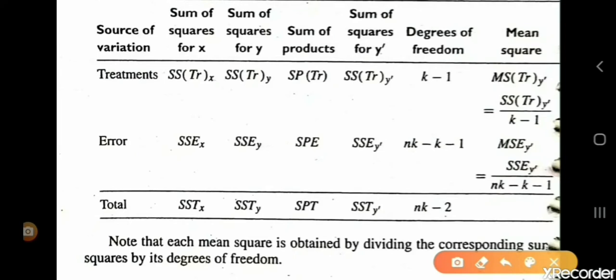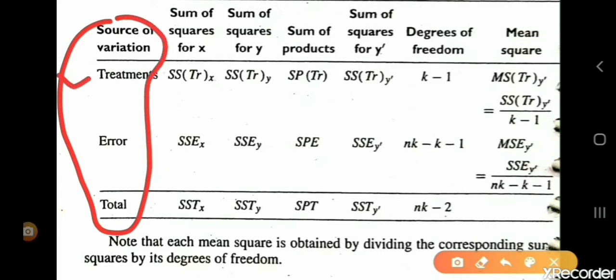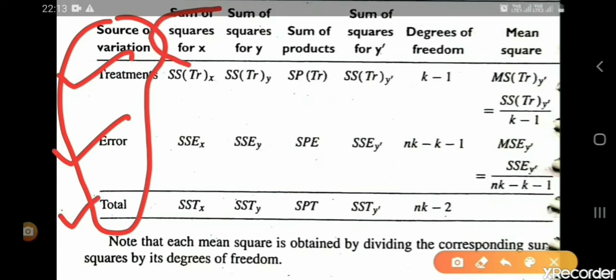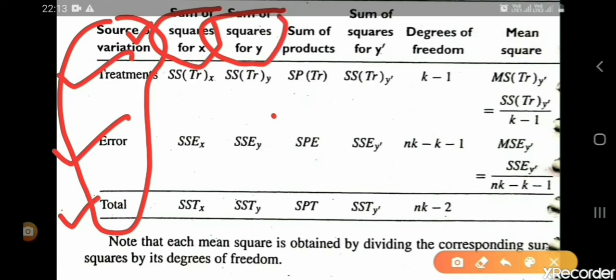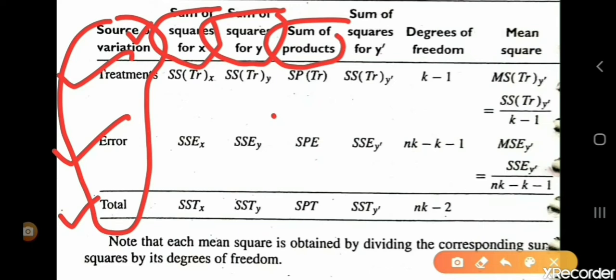So this will be the table for analysis of covariance. The sources of variation are the same: one is treatment, another is error, and another is total. Here the sum of square will be calculated first for x, next for covariate y, then we will calculate the sum of square for product, and the sum of square for adjusted Y dash.